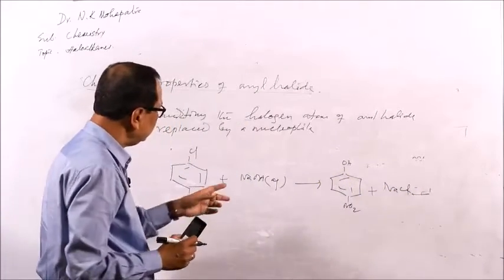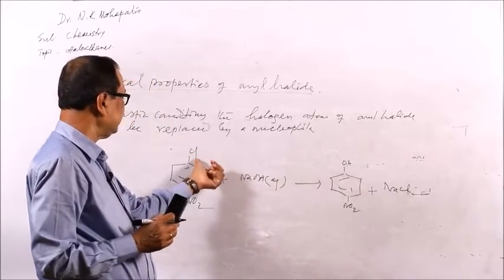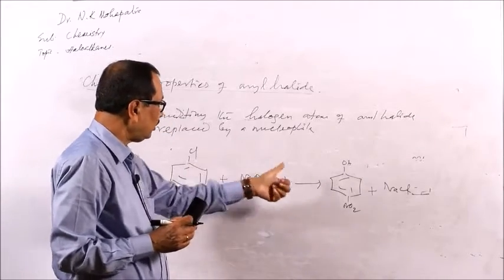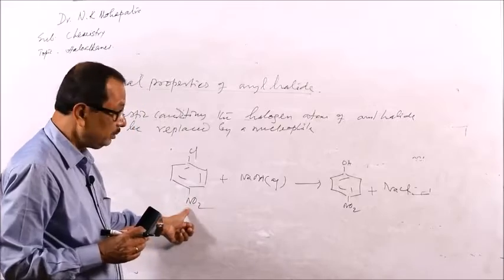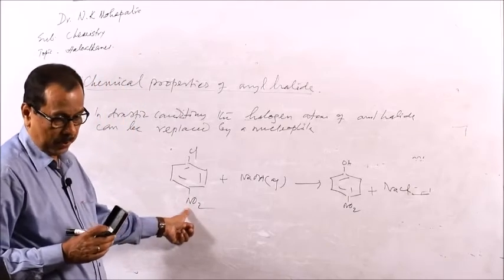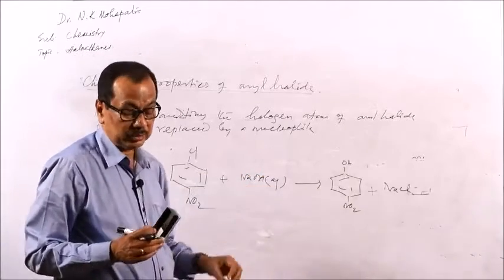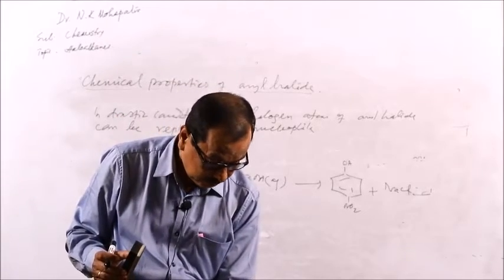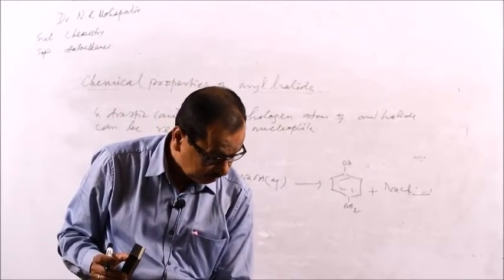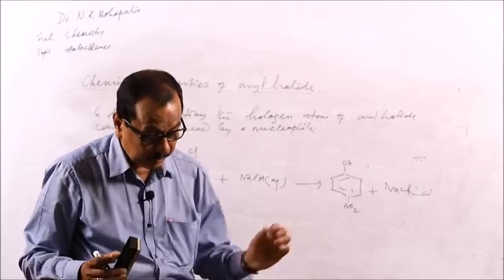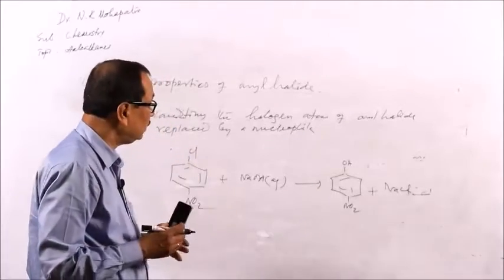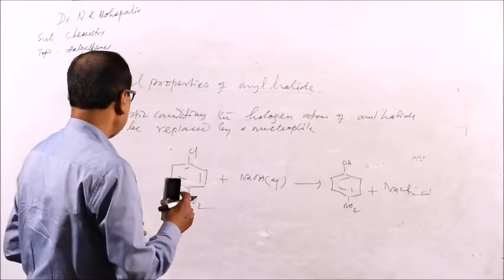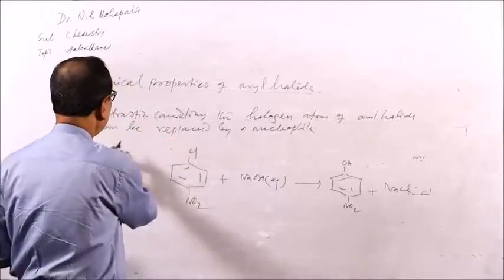Now here the OH minus is replacing the halogen atom easily because of the presence of an electron withdrawing group. Therefore, in presence of an electron withdrawing group in the benzene nucleus, we can get substitutions on the benzene ring, or you can replace the halogen atom.